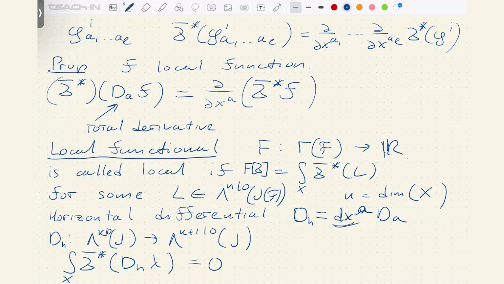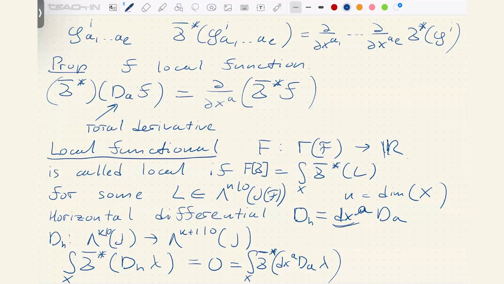Let's check it. Let's compute it. It's an integral over X of sigma bar star. Here we have dx^a D_a acting on lambda, right? But we know that D_a, when it goes through sigma star, becomes a real derivative.